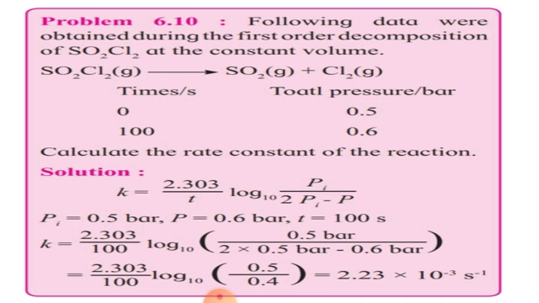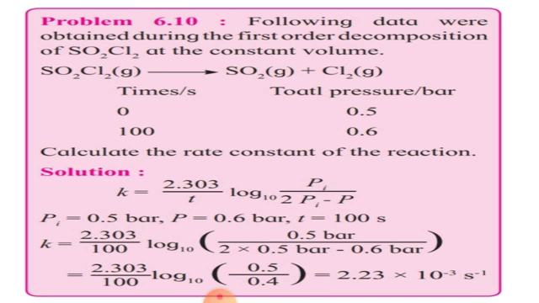Let us substitute all the above values, that is the values of Pi, P and t, in the integrated rate law equation for gas phase reaction. So the equation k is equal to 2.303 upon t log to the base 10 Pi upon 2Pi minus P will change to k is equal to 2.303 upon 100 log to the base 10 0.5 bar upon 2 into 0.5 bar minus 0.6 bar.